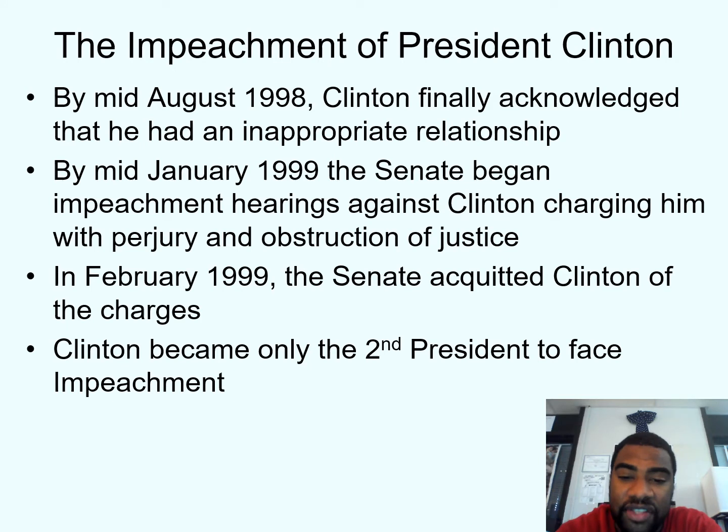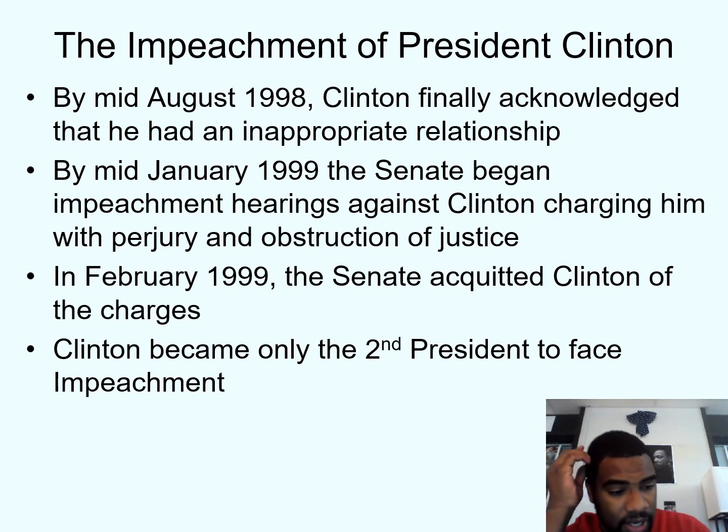But he was acquitted by the Senate, and Clinton became only the second president to face impeachment. Of course, the first president to face impeachment was Andrew Johnson. Of course, Nixon was about to face impeachment, but rather than face impeachment, he just resigned before he was impeached. Moving forward.